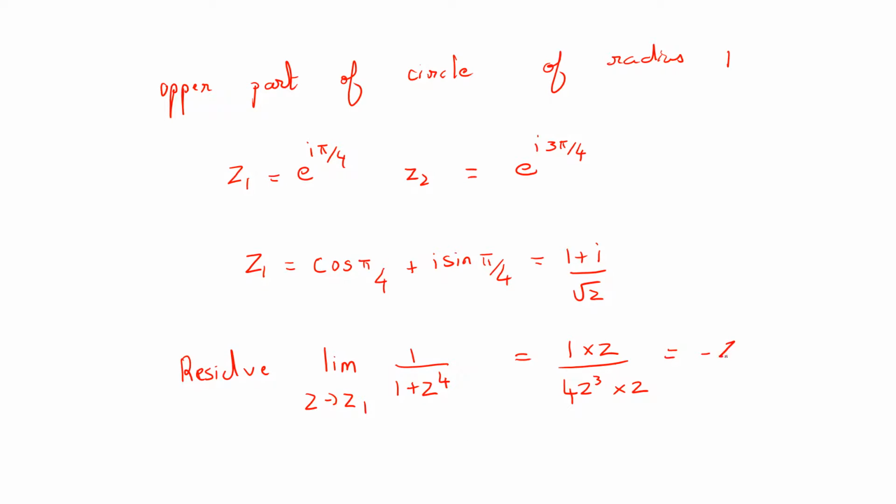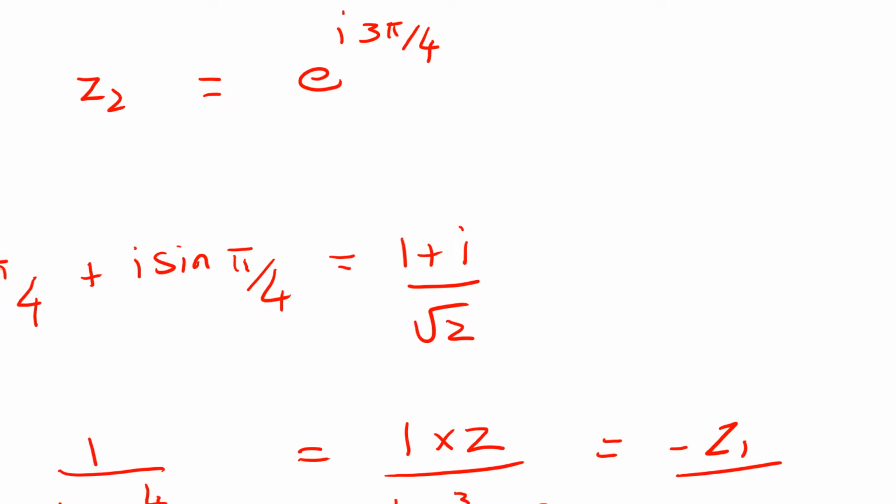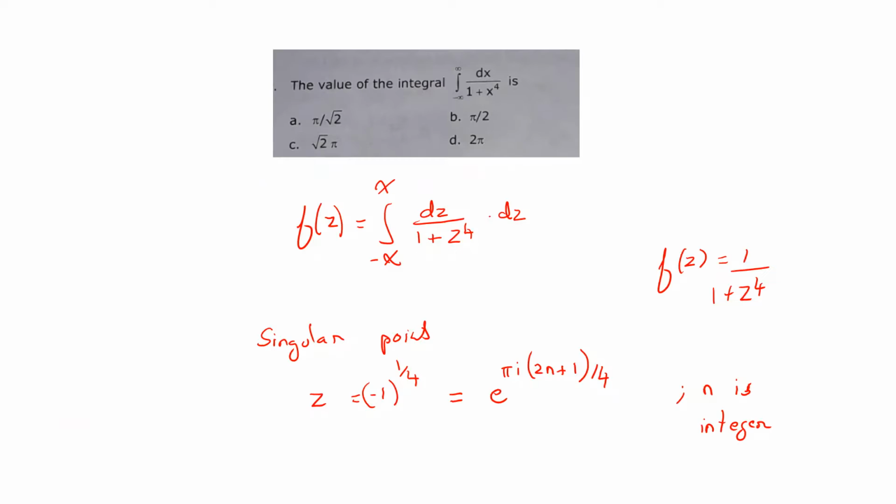and you can take from the question that z to the power 4 is equal to minus 1. So this equation tells you that z power 4 is minus 1.